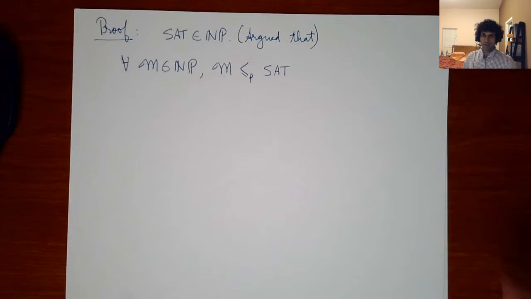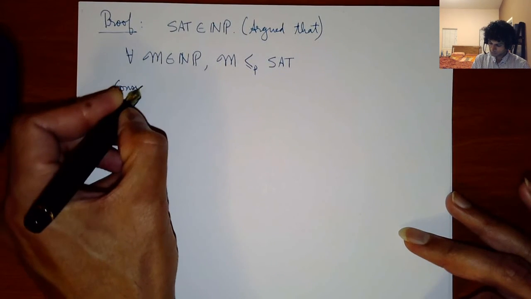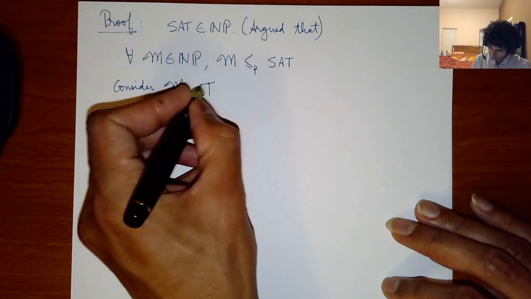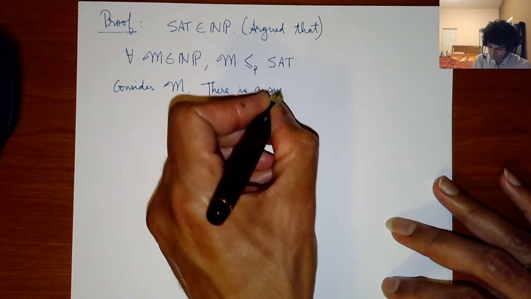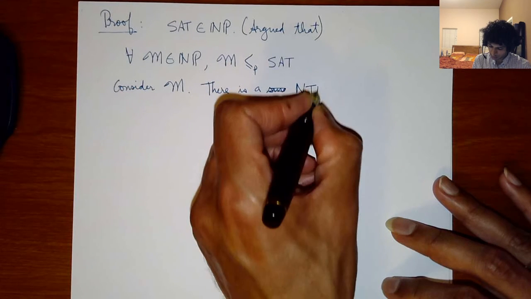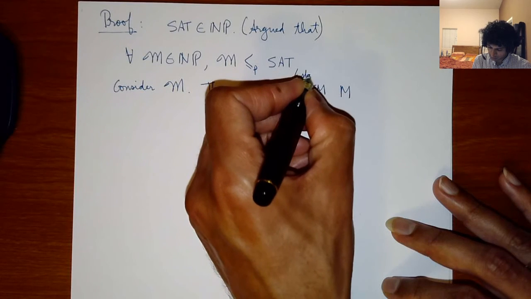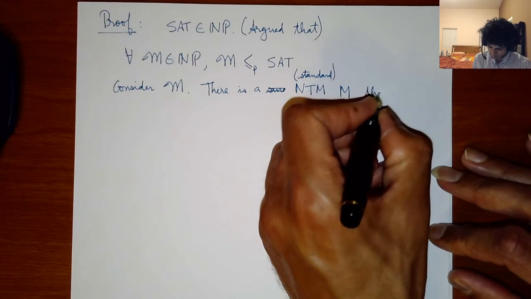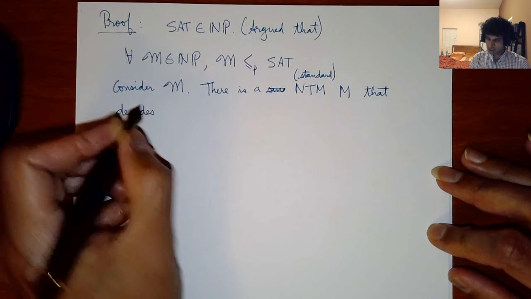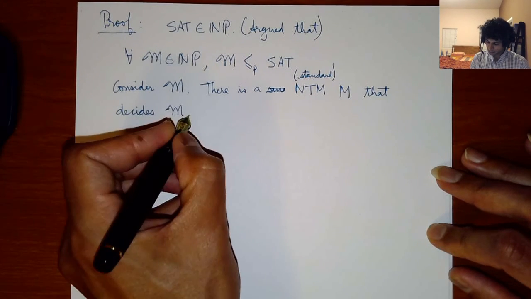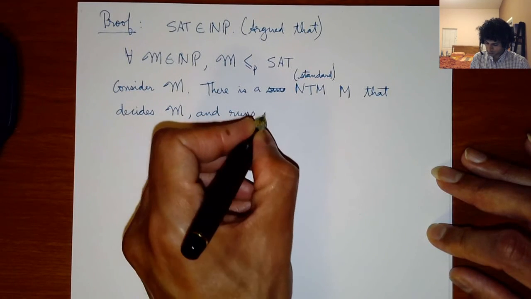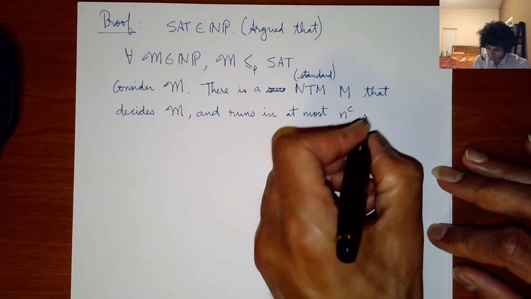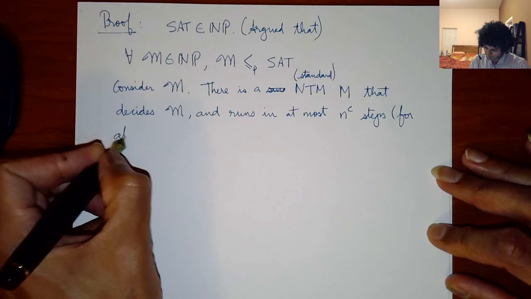Okay? So let's consider some language, script M. And there is a standard non-deterministic Turing machine M that decides script M and runs in at most n to the c steps for all computational paths.